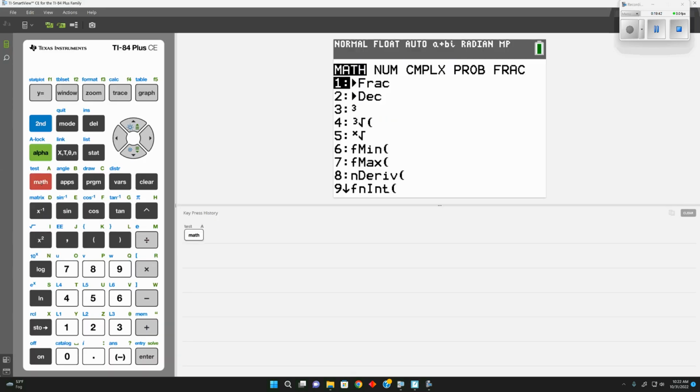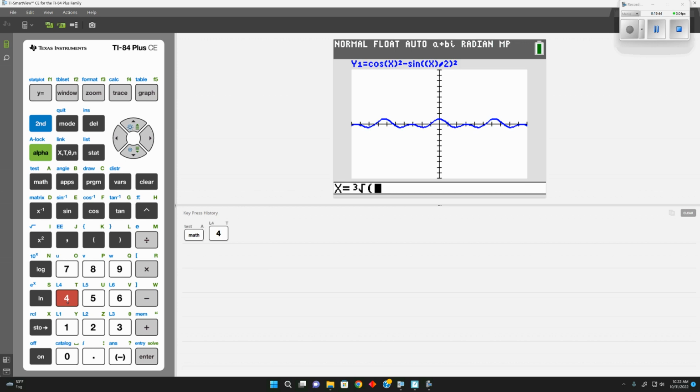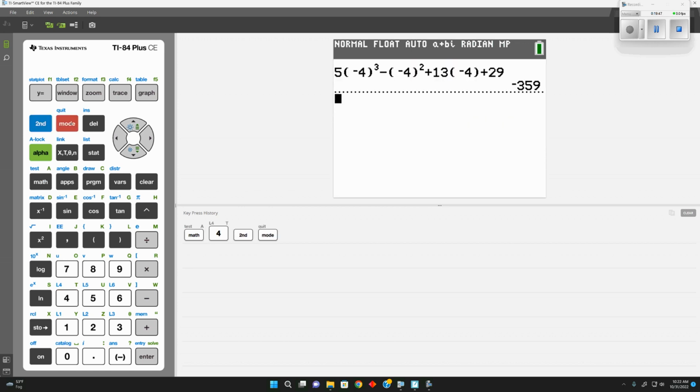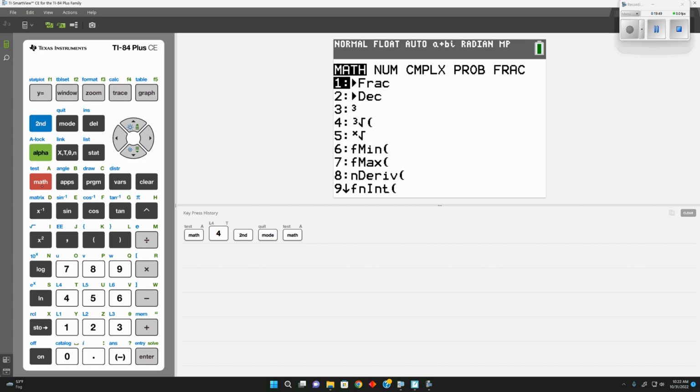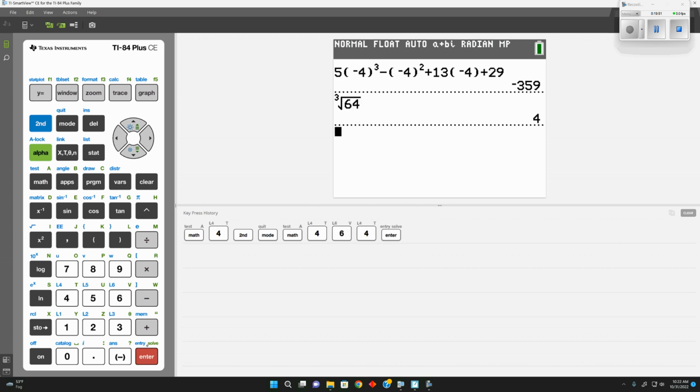So we can do math, cubed root, well, let's get out of that. Math, cubed root 64, enter. It is 4.